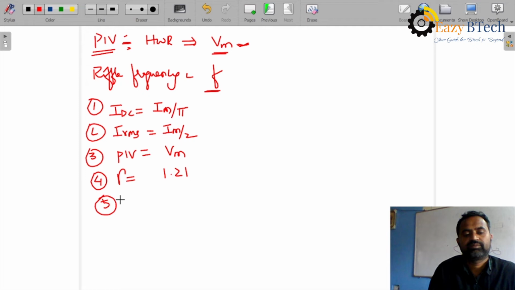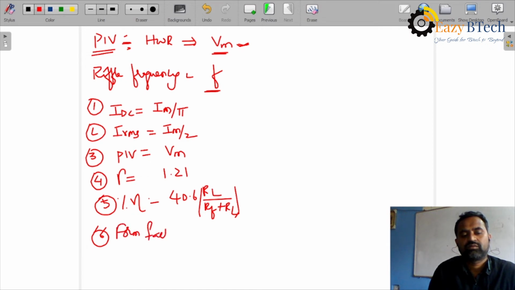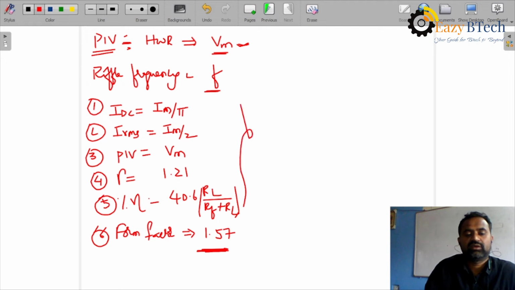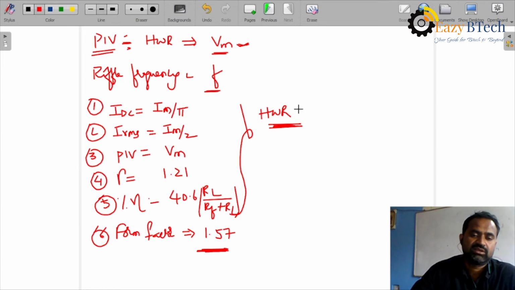Fifth, efficiency, percentage of efficiency is 40.6 RL by RF plus RL. Sixth, form factor 1.57. These are the parameters of half wave rectifier. Okay, in examinations you may calculate in this manner, students. You just go through this.